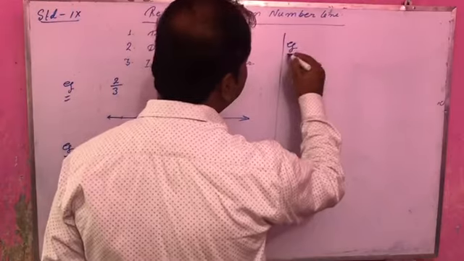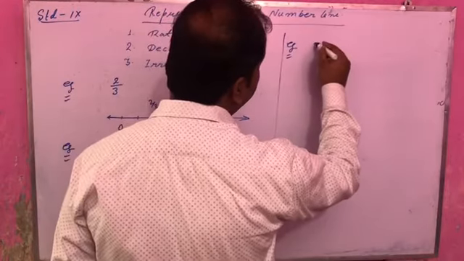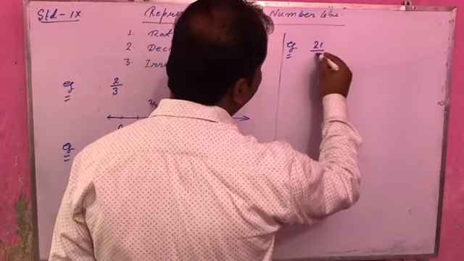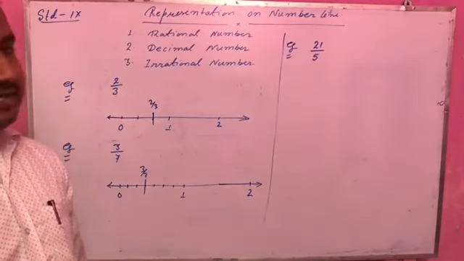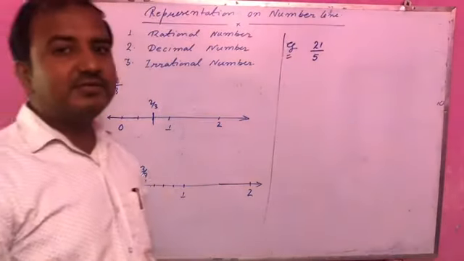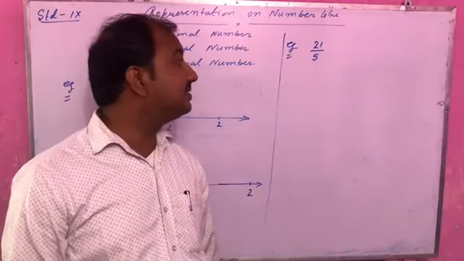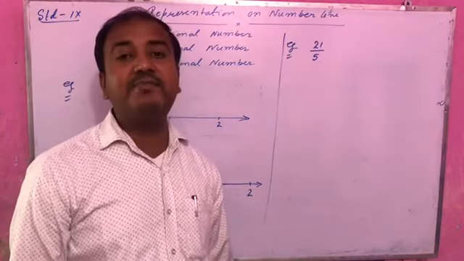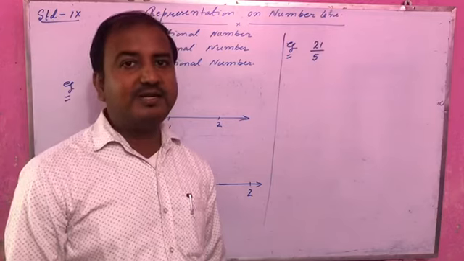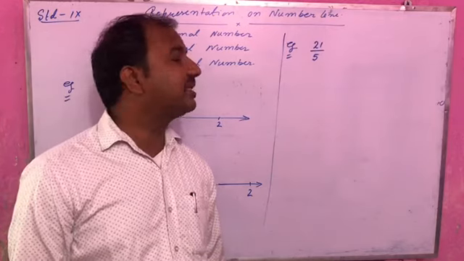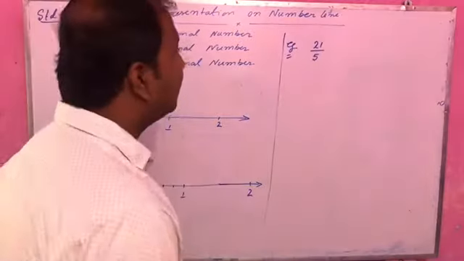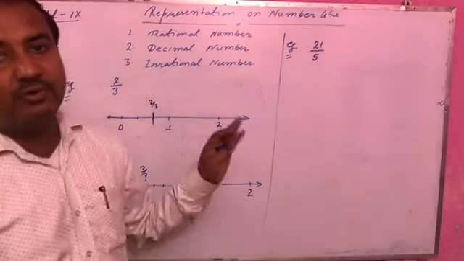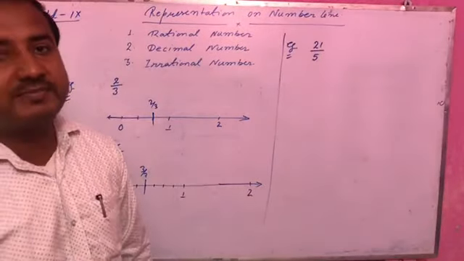If the question is you have to represent, suppose, 21 by 5. Whenever the rational is improper, at that moment it will be expressed as a mixed fraction. जब ये more than 1 हो तो आप इसको mixed में convert करो.